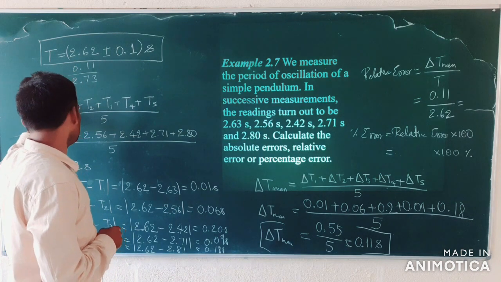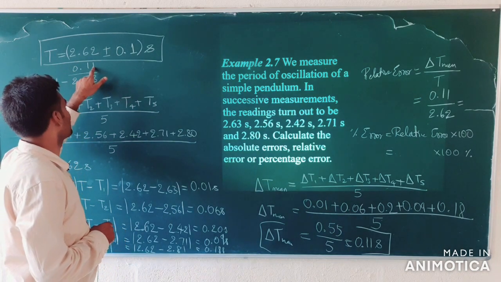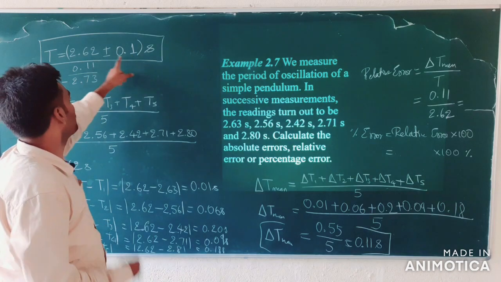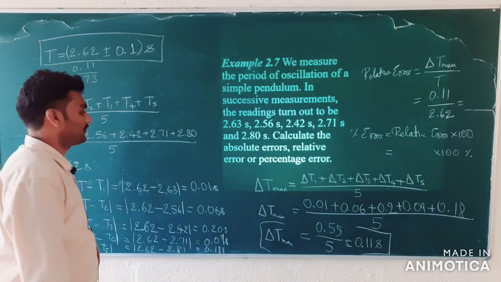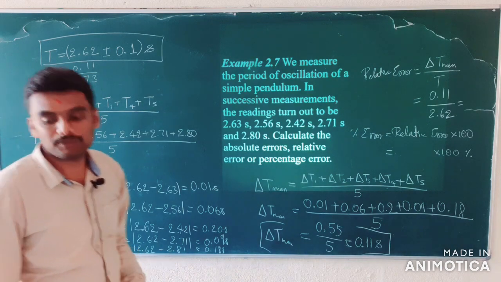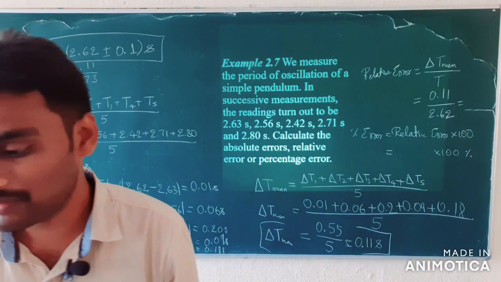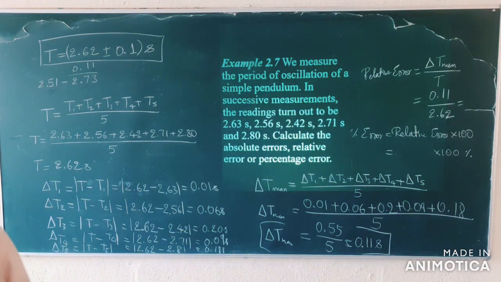So we avoid using the second decimal place of the error, and we'll keep it only 0.1 second. So this is about the fifth question, actually, example 2.57.